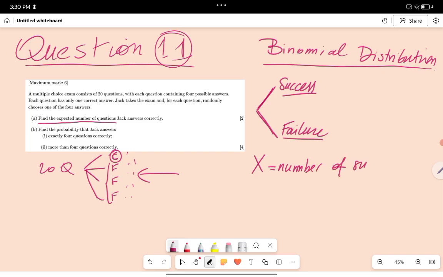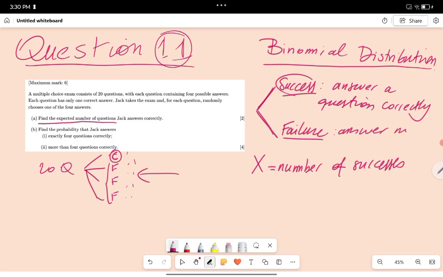And I think we can say here that the outcome of success is that he answers a question correctly. That is our success in this case. And this is to answer not correctly a question.